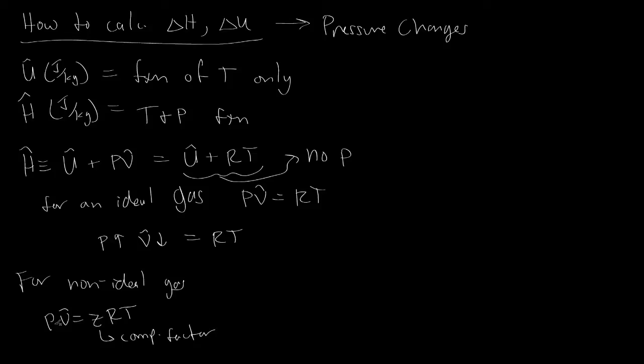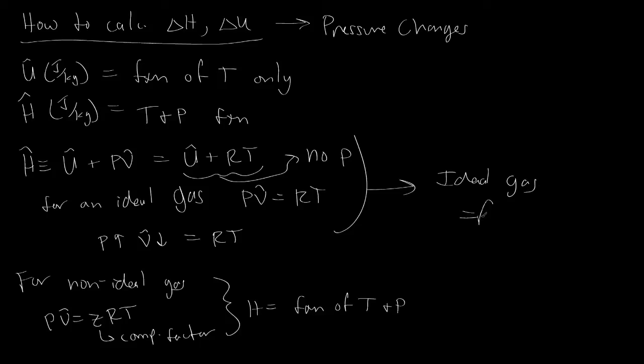So in this case, as the pressure goes up, the specific volume doesn't necessarily go down one-to-one, and if this is the case, H is a function of T and P. However, what we're going to be focusing on is the ideal case here, and so we won't worry ourselves too much about the non-ideal behavior.